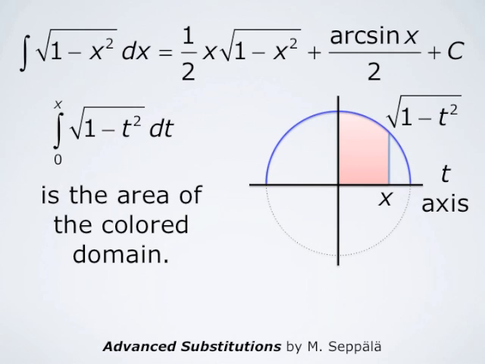Here the horizontal axis is the t-axis. x is a number on that t-axis, and we look at the domain over the interval from 0 to x and under the graph of the function. The graph of that function is the upper half of a circle of radius 1 with center at the origin. It is the blue curve indicated here in this picture.